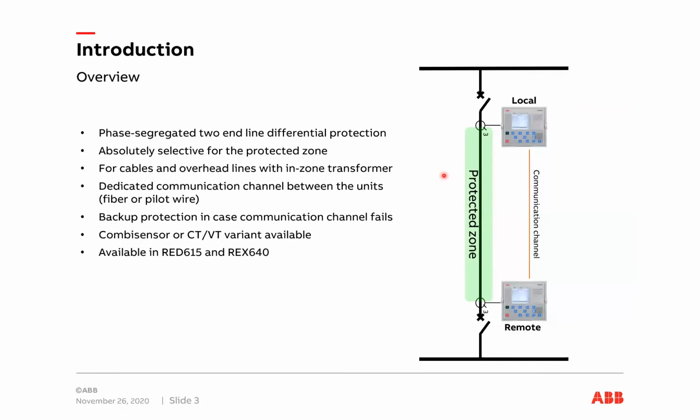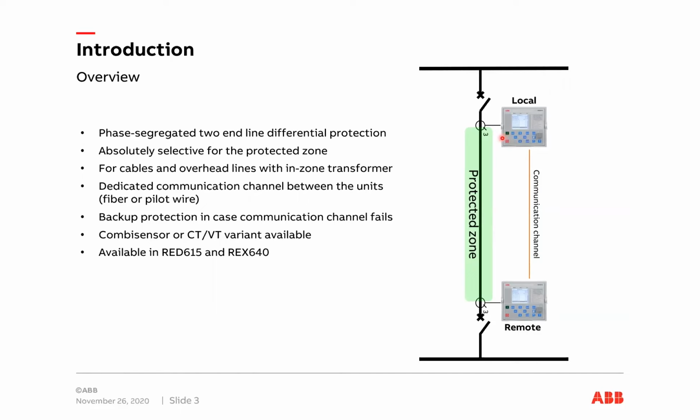So line differential protection consists of two relays. We say that we have a local relay and a remote relay, and between these relays we have a communication channel. Both of these relays measure three-phase current.